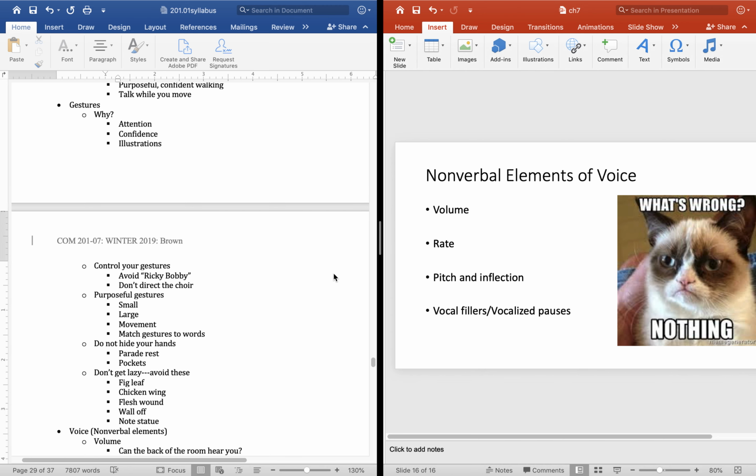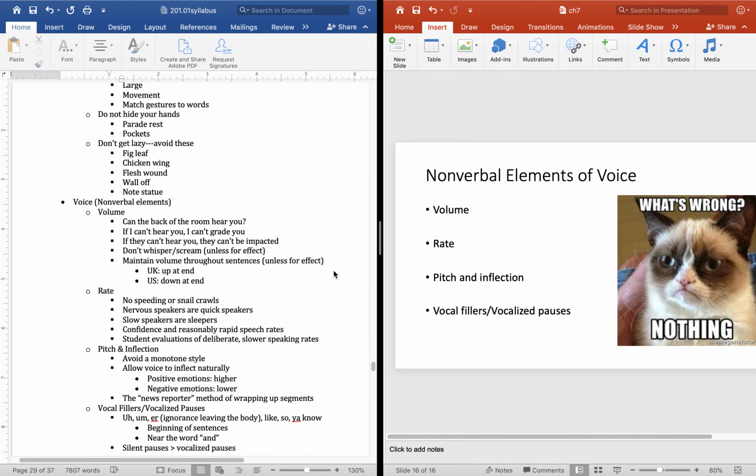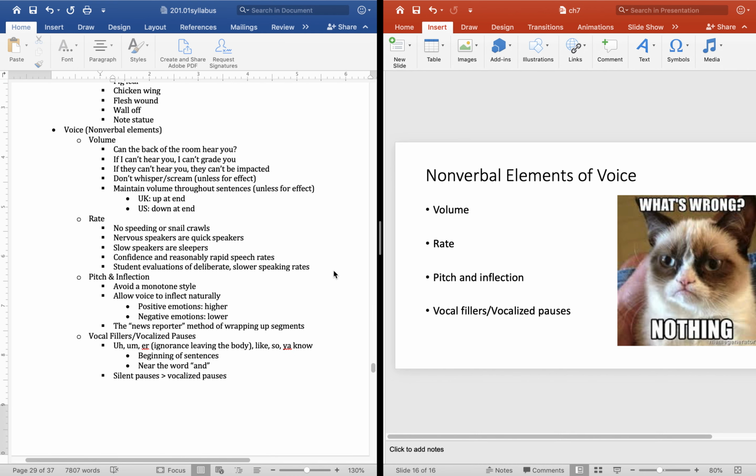There are nonverbal elements of voice, and let's talk about those here. The words that come out of your mouth, that's the verbal element of your voice. That's verbal communication, the words that are said. But nonverbals are more important because the way you say something is as important or more important than what you say.